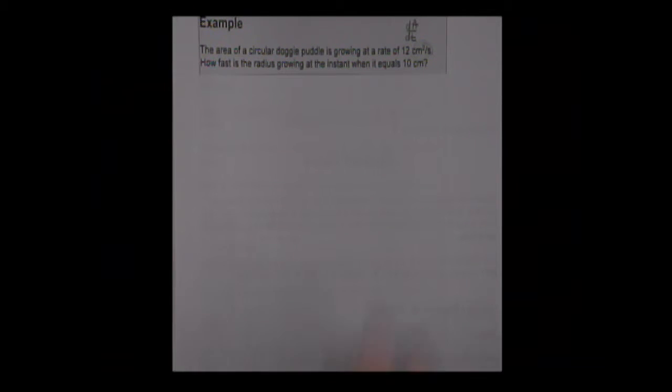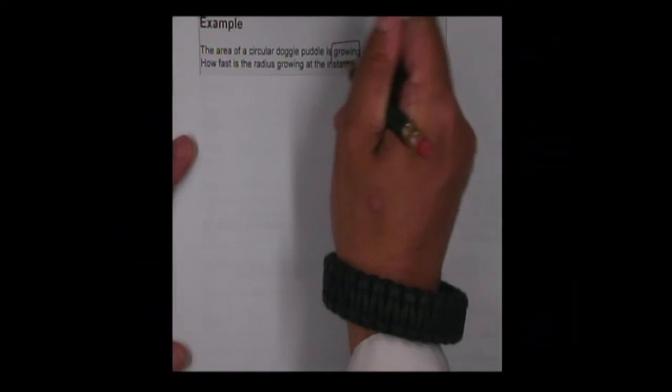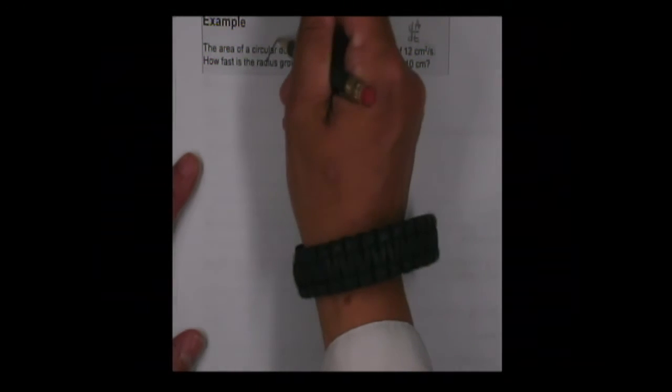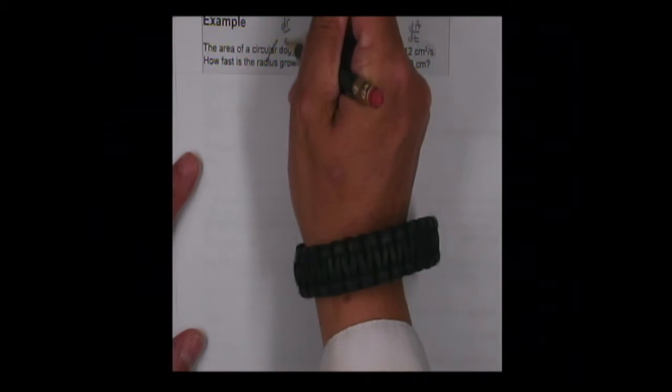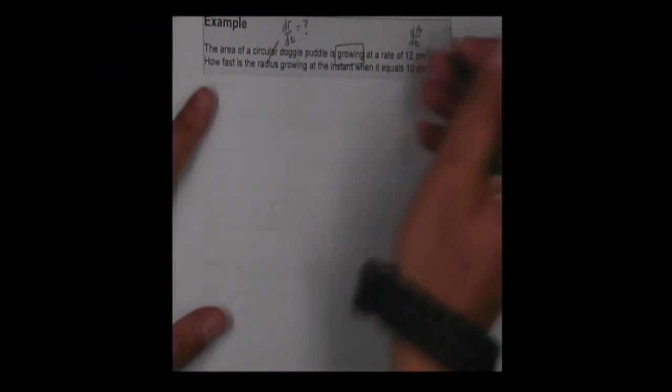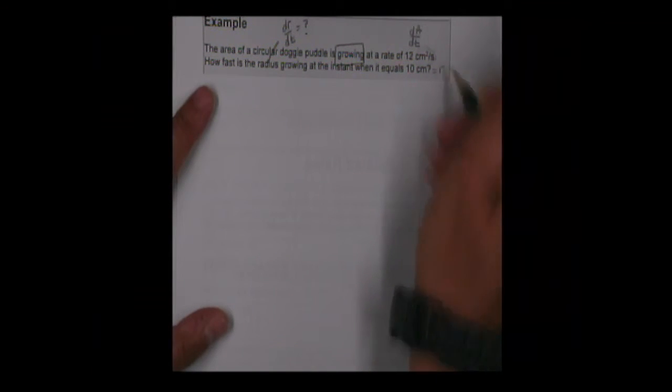And notice it's growing, and so therefore that 12 is positive. And then notice what they're asking us is how fast is the radius growing. So they really are looking for us to tell what is dr/dt when it, meaning the radius, is 10 centimeters. And so I've kind of analyzed what they're looking for and what the numbers are as I move forward.